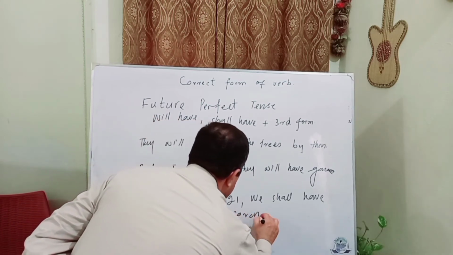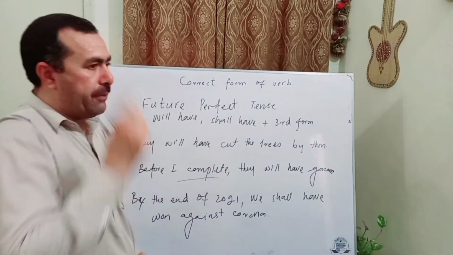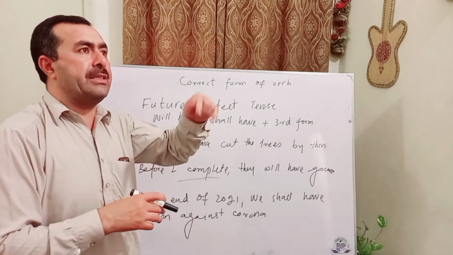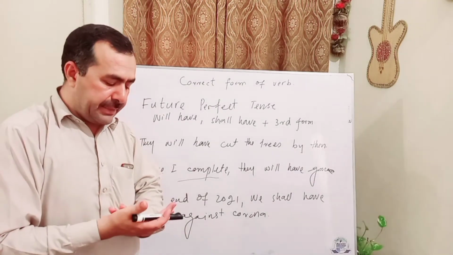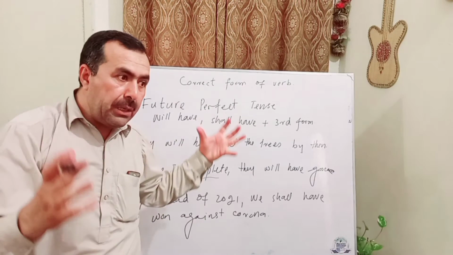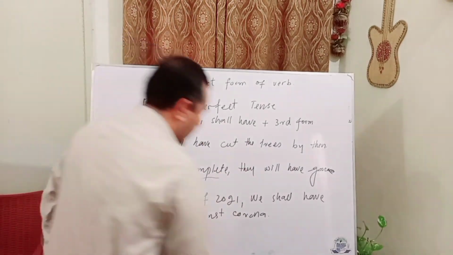Got it? So I am giving you in the future a very specific time, by the end of 2021, for example on 31st December, I am telling you that we will win this match. So it means the whole action will be completed.